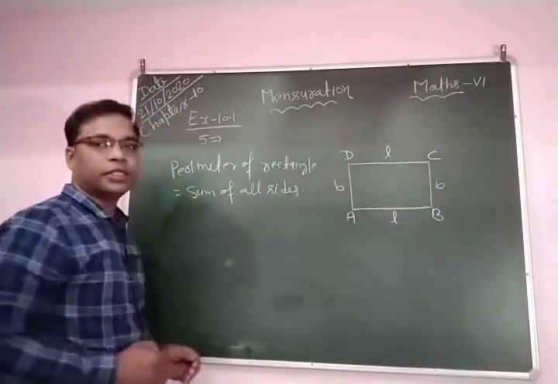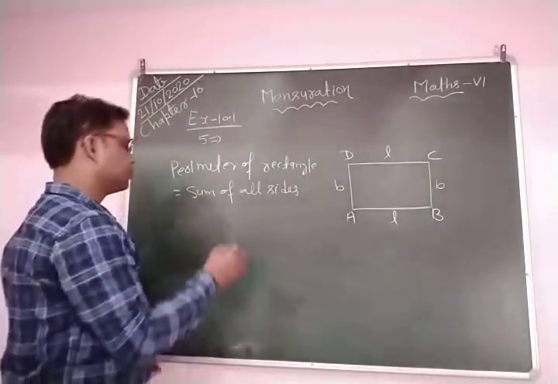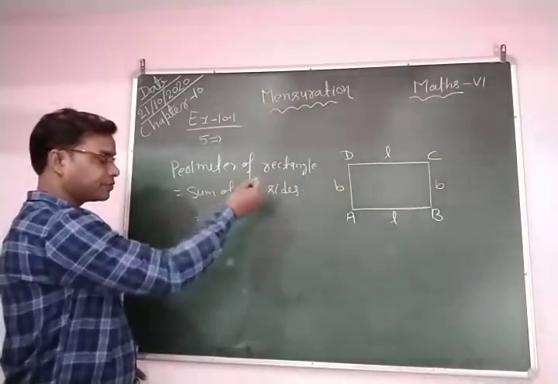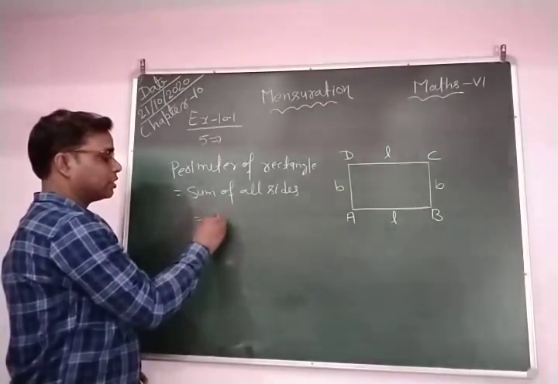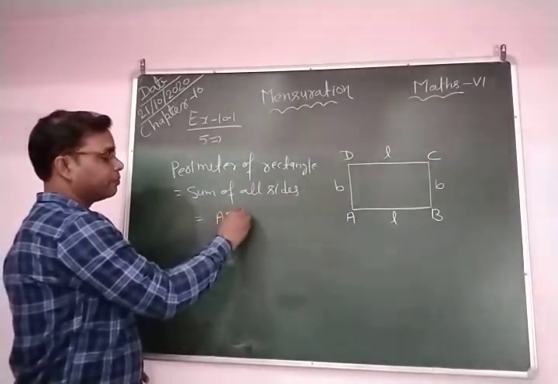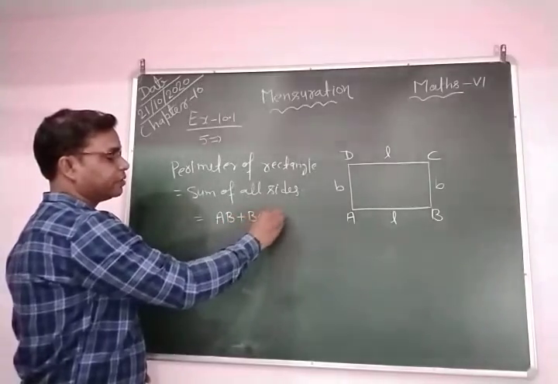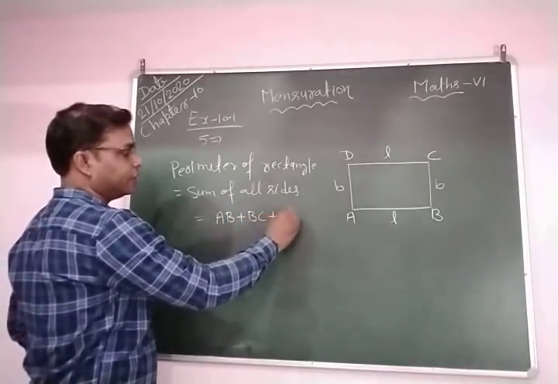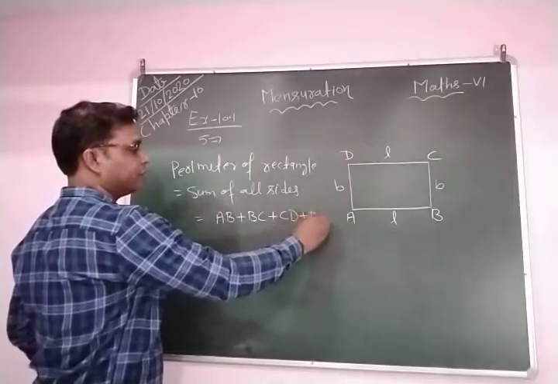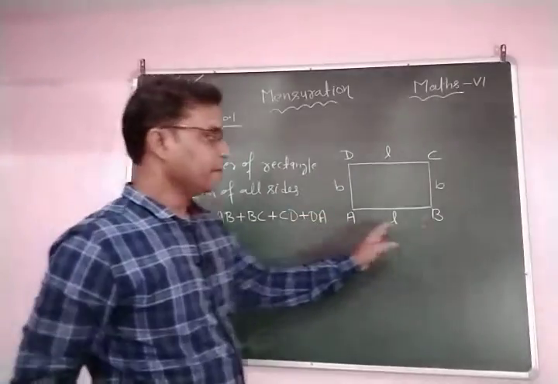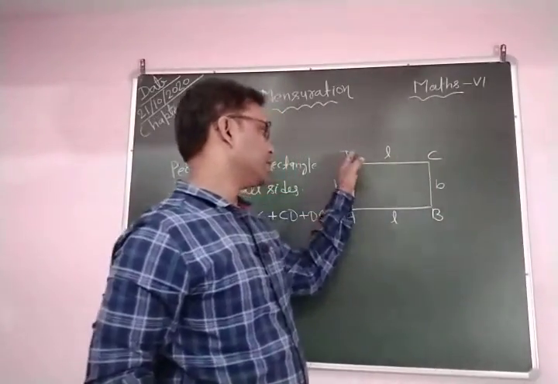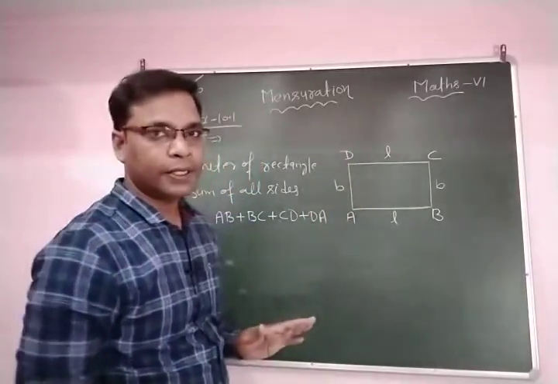So perimeter is equal to AB plus BC plus CD plus DA.